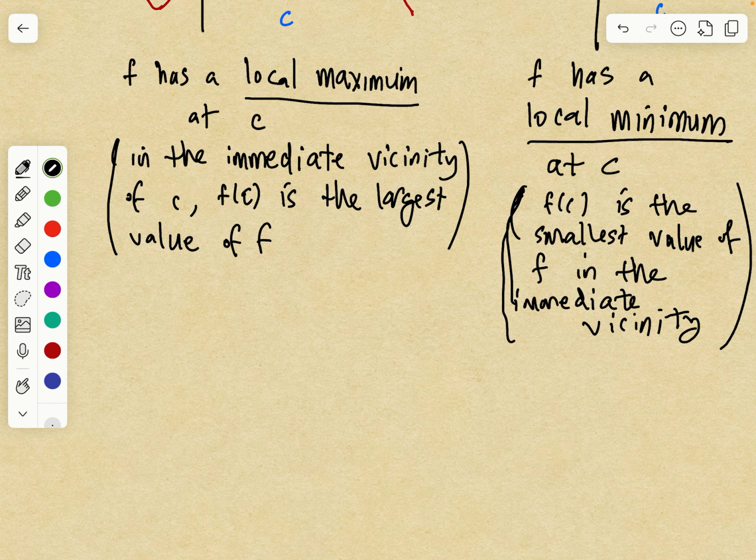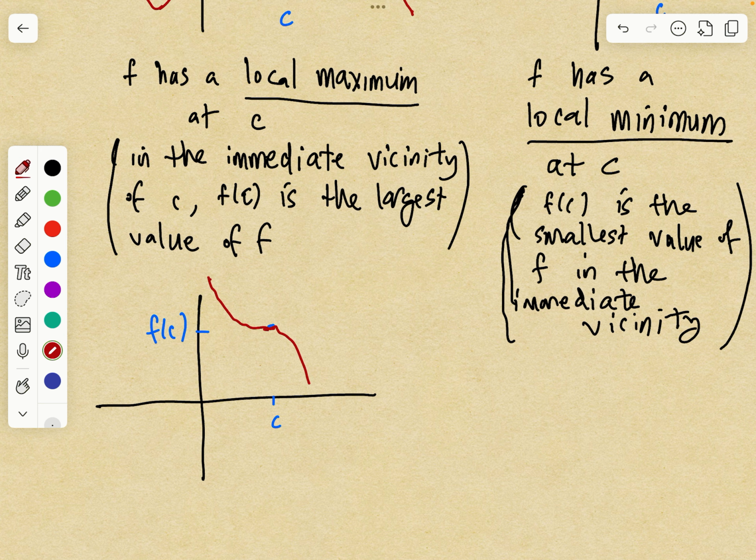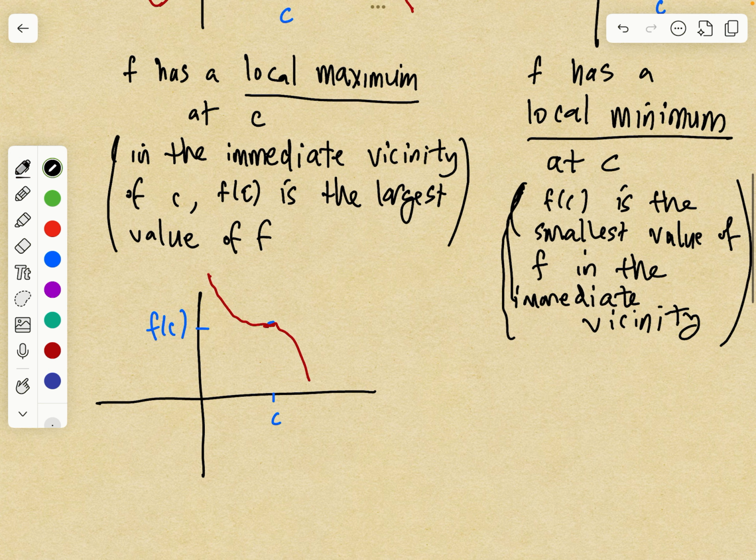Now those aren't the only two options. There's one more possibility, which is that you have neither a local max nor a local minimum. So you could have something like this, or you could have something like this.